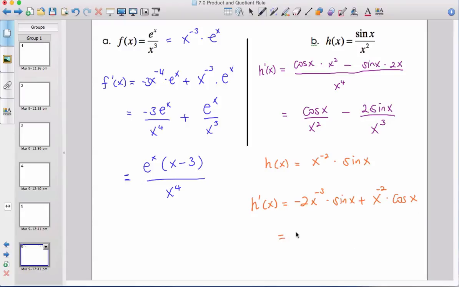Okay, so we'll see. That's going to be negative 2 sine x over x cubed plus cosine x over x squared. So the terms are switched, but it's exactly the same as that one.